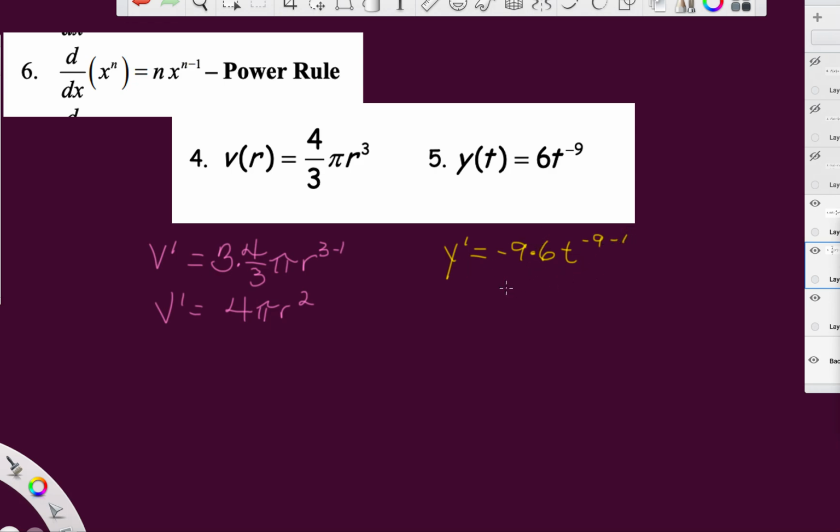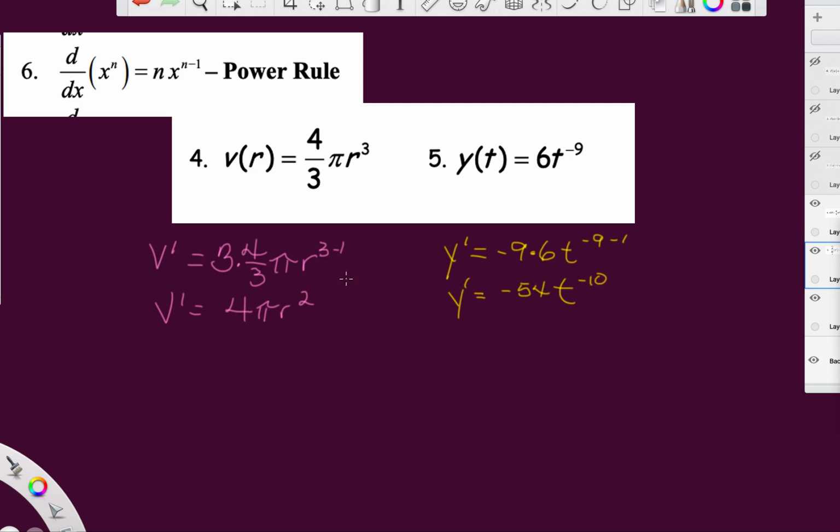And we're going to do this math. Y prime is equal to -54, right? t to the -10. Yay. Sound good? All right.